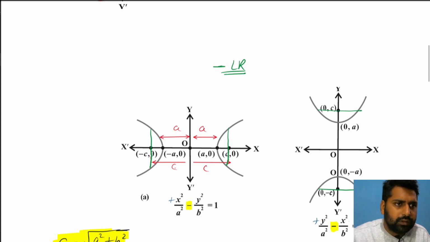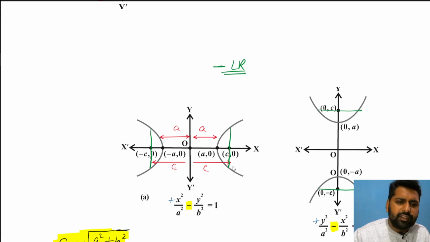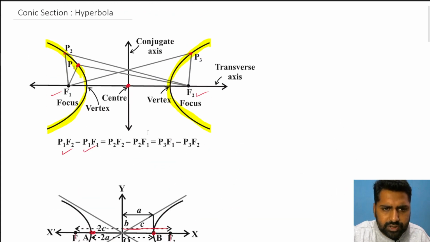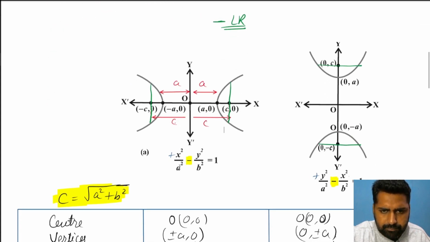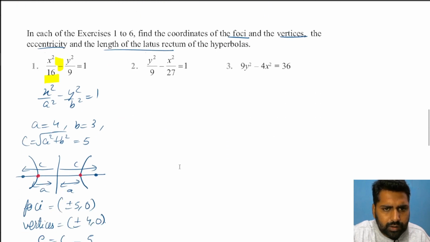I'll erase it. The problem is there is so much information, so if you try to give every single piece of information in one single shape, it becomes too much. That's why it's better to have multiple shapes. That is the latus rectum. Okay, the first one is done.